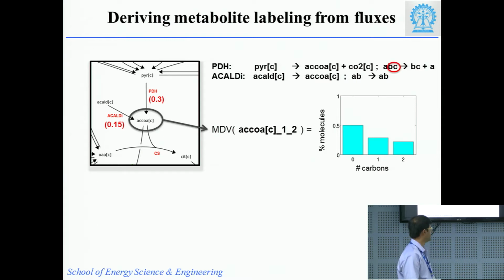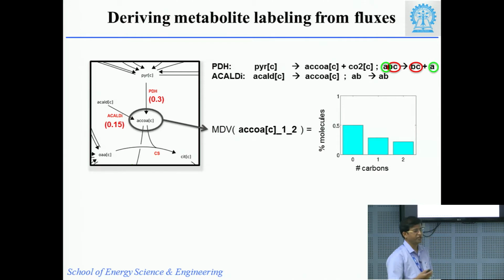If I know the MDV for pyruvate and acetaldehyde, how do I calculate the MDV for acetyl coenzyme A? This is very simple, and I know the atom transition. The atom transition is such that pyruvate, which has 3 carbons, is converted into 2 carbons plus 1 carbon. The 1 carbon goes out as carbon dioxide, and this atom transition has to be very accurate, showing where the carbons are moved. Here we see that the first carbon goes out as carbon dioxide.